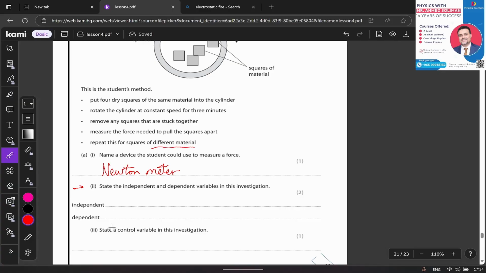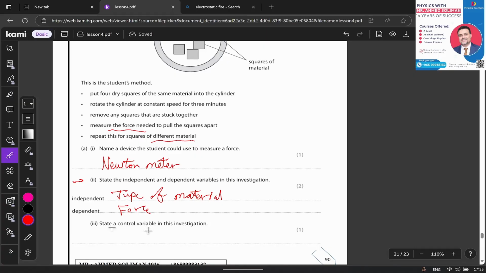Yes. What is the dependent? Force needed to pull. Yes. Because the independent is what we change, the dependent is what we measure.